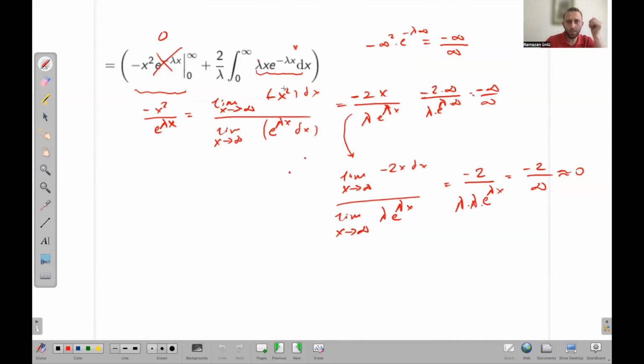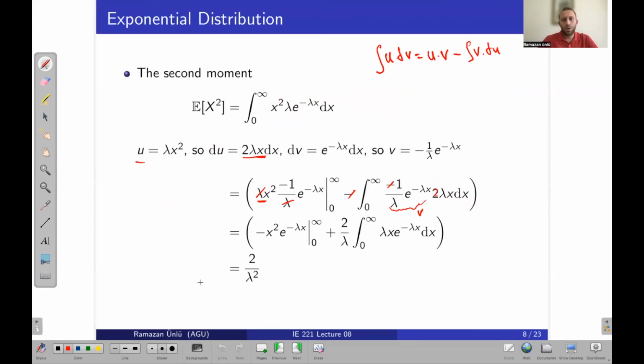So here we have x times the PDF. What was the expected value of the exponential distribution? It is 1 over lambda. So this part is equal to 1 over lambda, and I have 2 over lambda here. That means I will end up with 2 divided by lambda squared. So the second moment of the exponential distribution will be 2 over lambda squared.